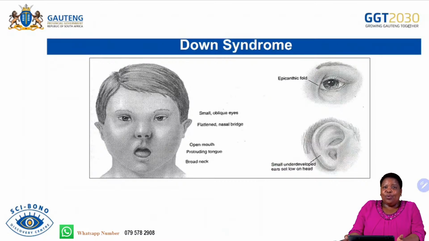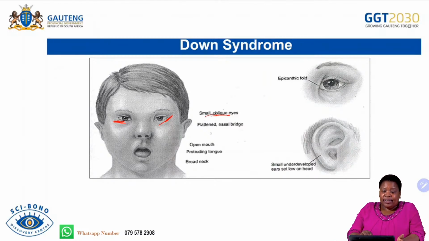You can't tell whether you're going to have Down syndrome or not. Now I'm going to show you symptoms of a person with Down syndrome. If you can check there, the person will have small oblique eyes, okay?